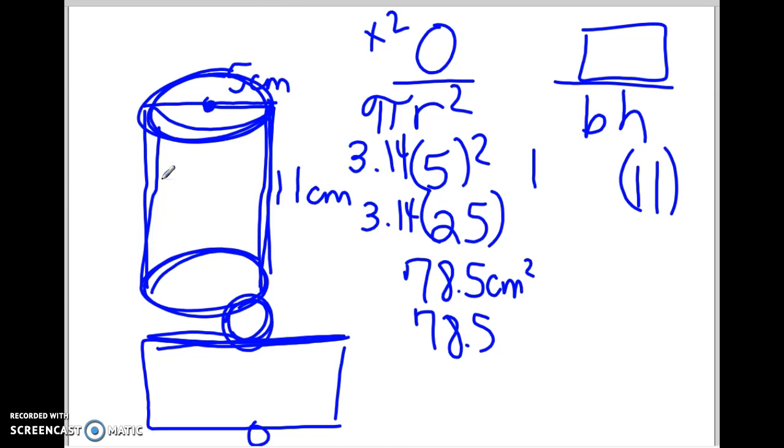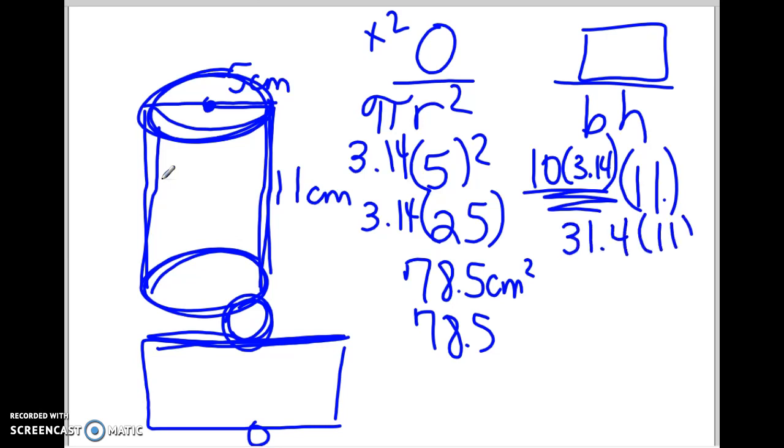So that would be 10 times 3.14. So this is your circumference times your height, okay? So 10 times 3.14 is 31.4 times 11 will give you 345.4. You need to add that to your 2 circles, and you'll find your surface area of your cylinder.